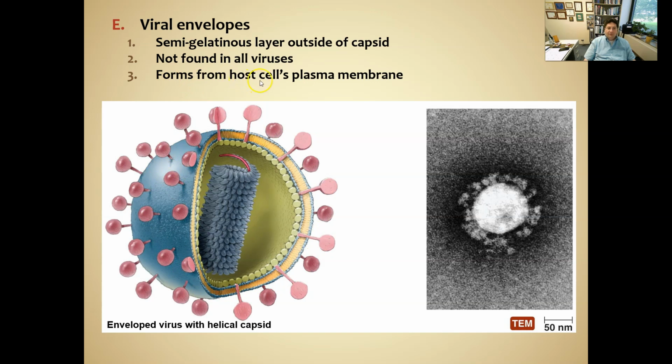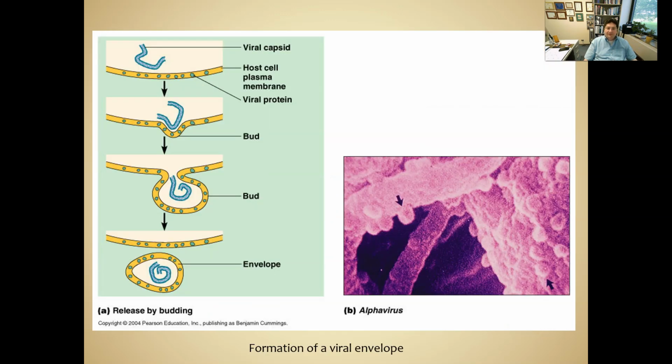It forms from the host cell's plasma membrane. So when a virus leaves a cell after it infects it, it takes some of the plasma membrane with it, and that becomes the virus's envelope. So here's the virus here. As it leaves the cell, it takes some of the membrane with it, and that becomes its envelope.